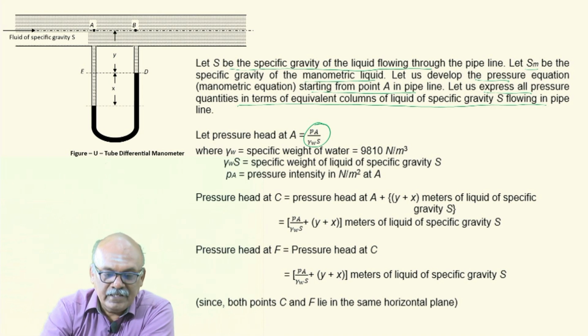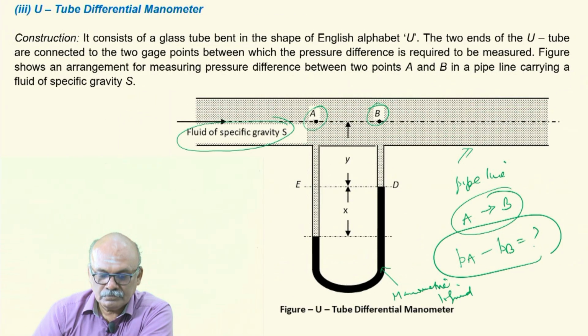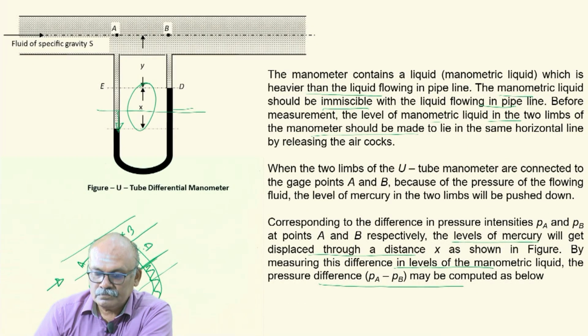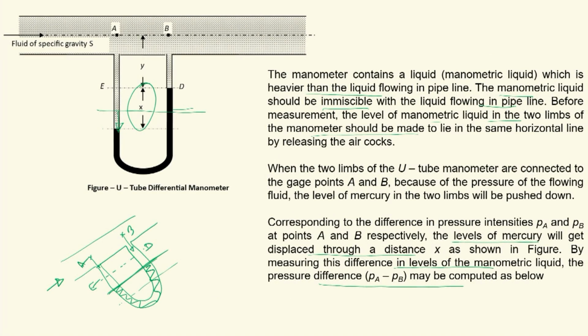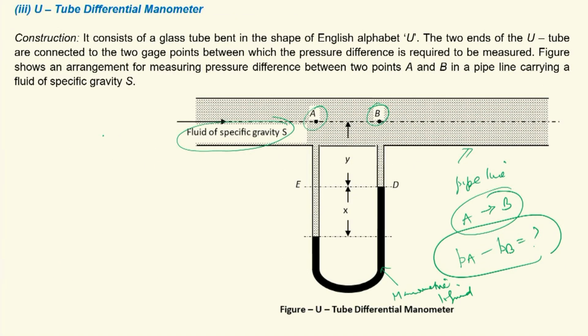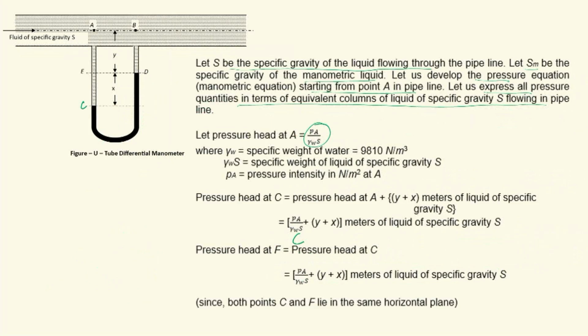Then the pressure here at C, this is C, will be the pressure head at A plus this column.